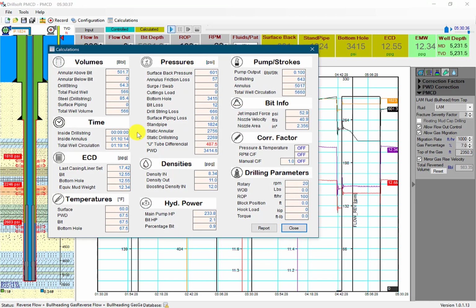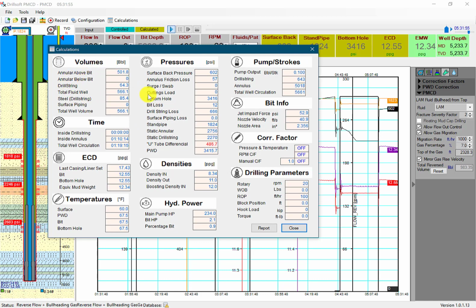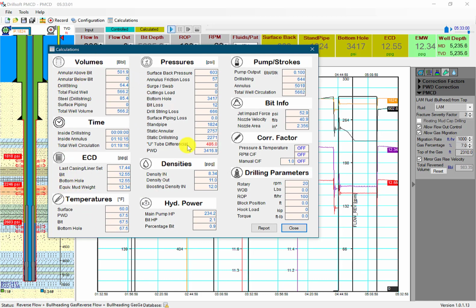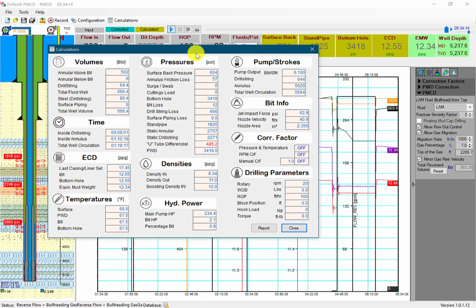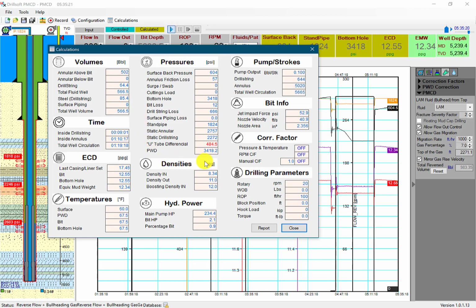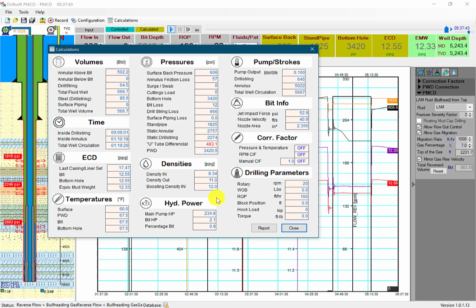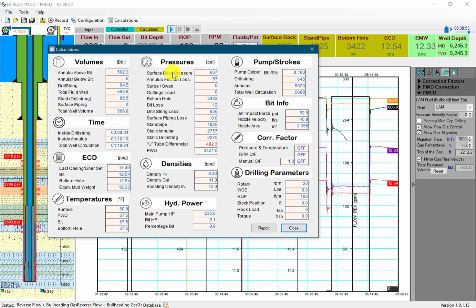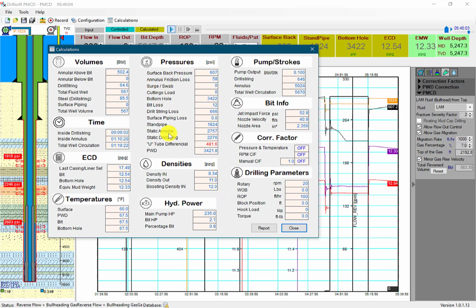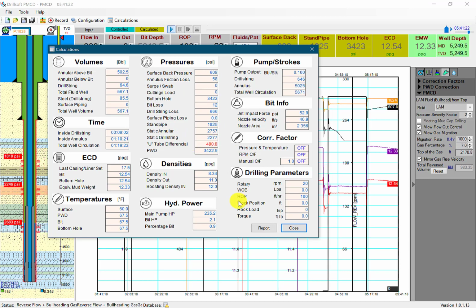Change the color. We can also see the volumes, the ECD, temperature, the pressures inside of the well. This is a good way to diagnose any problem. It clearly demonstrates what the pressure is for each section of the well.